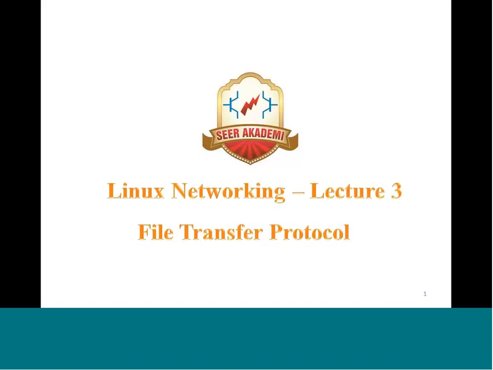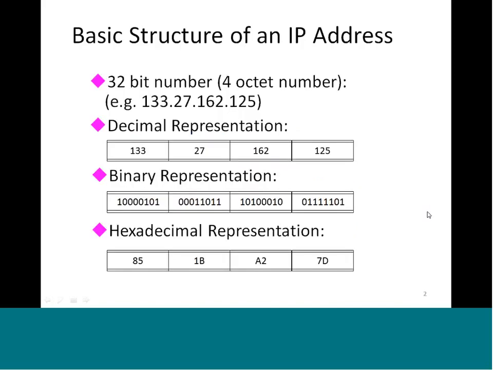Before we start talking about FTP itself, I want to give a recap from the last lecture. As you know, we finished the last lecture on IP addressing. So let's look at what we learned.